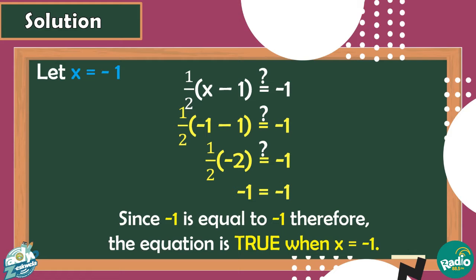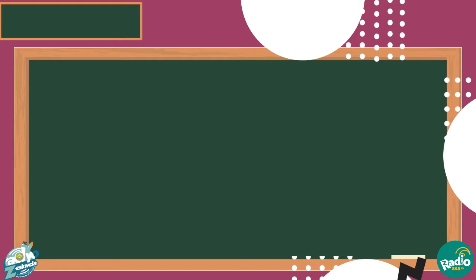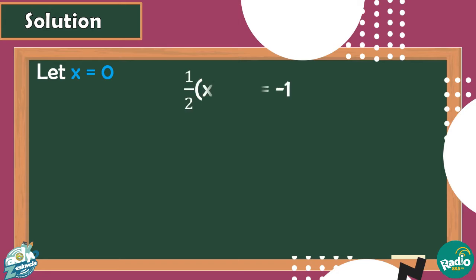Is it true? Since negative 1 is equal to negative 1, therefore, this equation is true when x is equal to negative 1. How about the third value of x, which is 0?